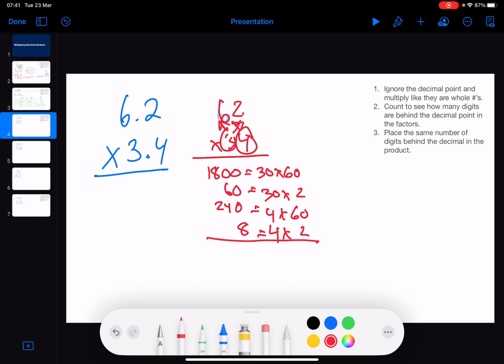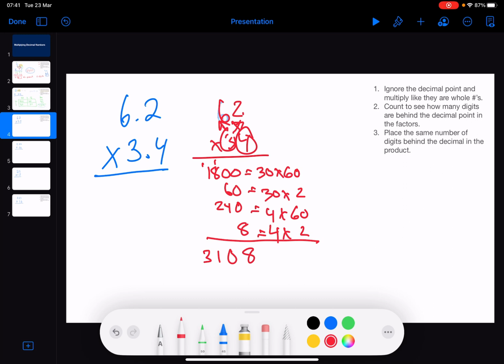Now I'm just going to add. 0 plus 0 plus 0 plus 8 is 8. 6 and 4 is 10. Put down my 0, carry my 1. 8 and 1 is 9. 9 and 2 is 11. Carry my 1. 1 plus 2 is 3. All right, so 62 times 34 is 3,108, but I'm not done because my problem is not 62 times 34.